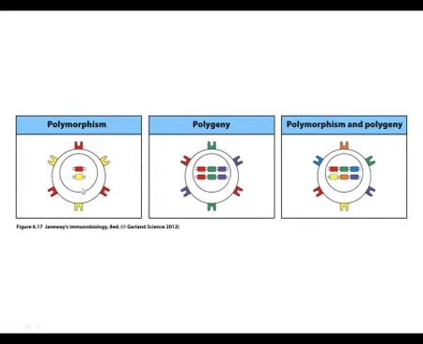So polymorphism, right? You are going to have a set of MHC from mom and one from dad. And for each, so your HLA-A, for example, on MHC class 1, you're probably going to have two different alleles, one from mom and one from dad.